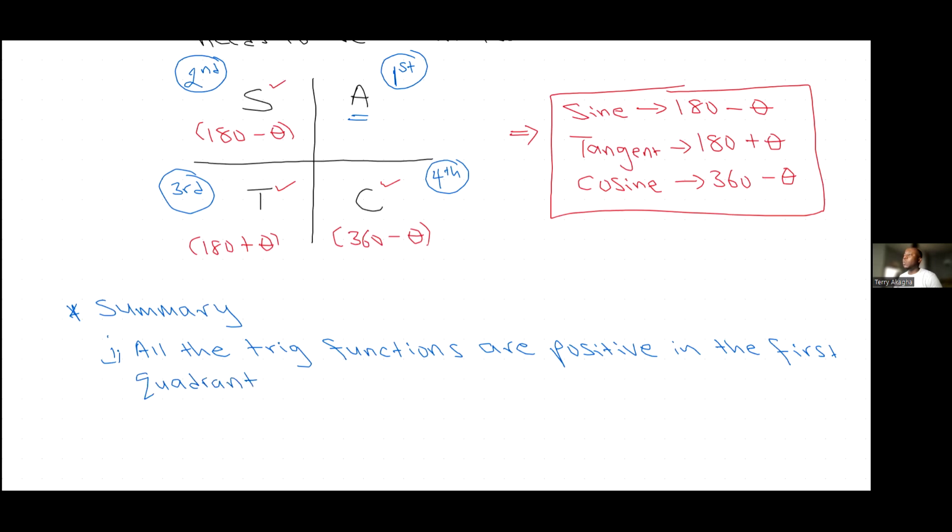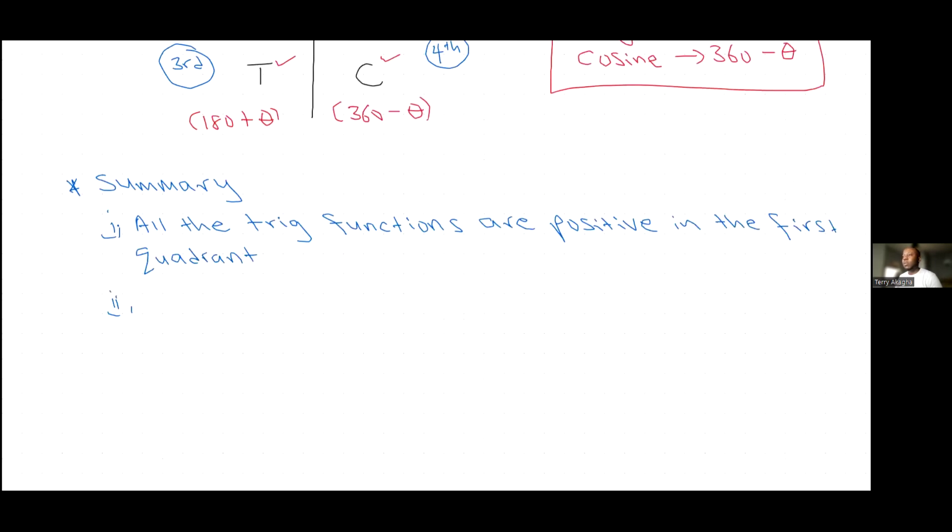So in the second quadrant, only the sine is positive, okay? So in the second quadrant, only sine is positive.